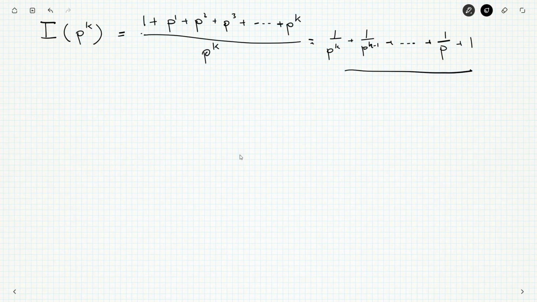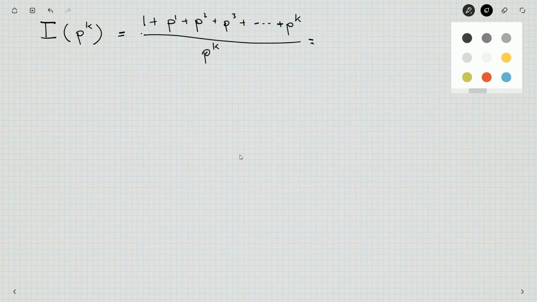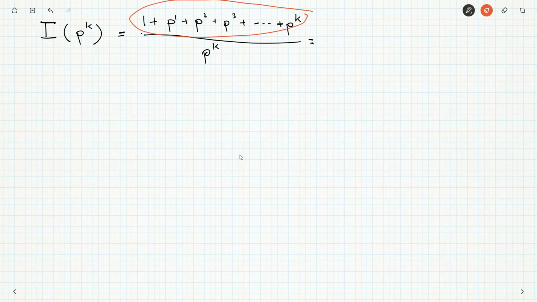But whether or not we break it up this way or this way, I think we can see we have a geometric sequence being added up. So it's a geometric series. So this fellow right here is a geometric sequence.